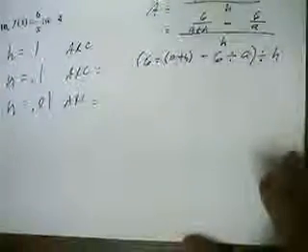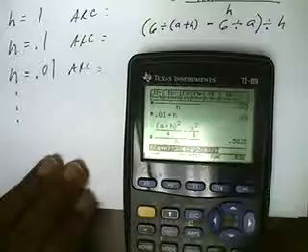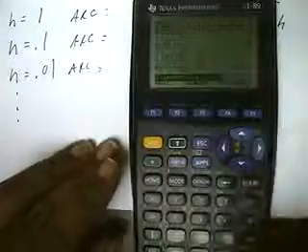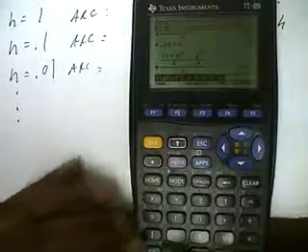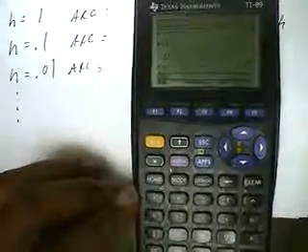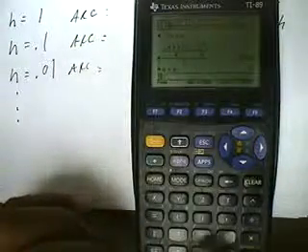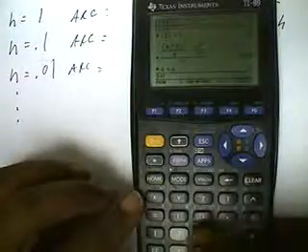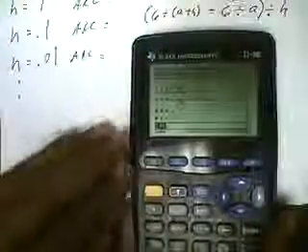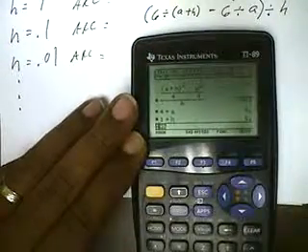Let's put that in. We have to make sure a is 4 and h is 1. So let's take care of that first. 4 store into alpha A, and then 1 store that into alpha H. Now we can begin putting in the function.